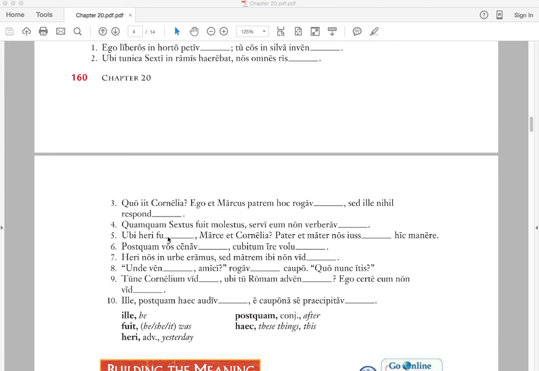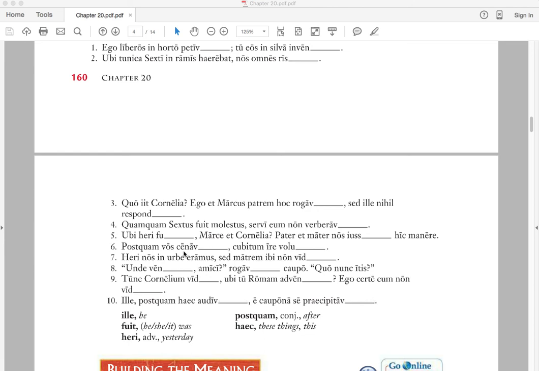So you're going to need a second person plural ending for this one. And then pater et mater, father and mother did something. They ordered us to stay here, it looks like. So you need to think about third person plural for them. They are a they here, not just a pater or a mater, but both.